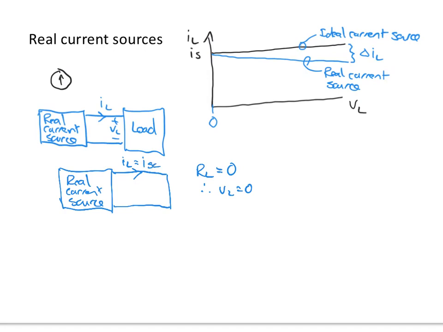So we can see here that the best case scenario for a real circuit is when the IS is equal to I short circuit and the voltage is 0. We can also see from our little graph that delta IL is proportional to VL.